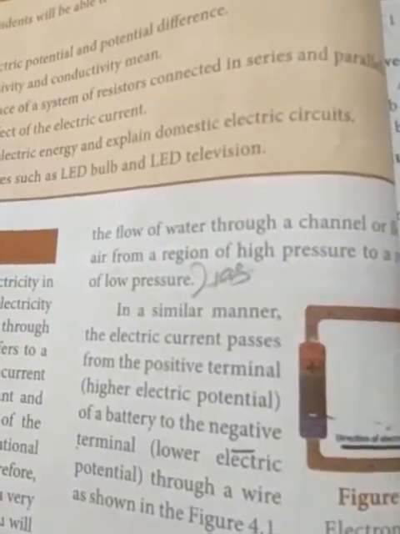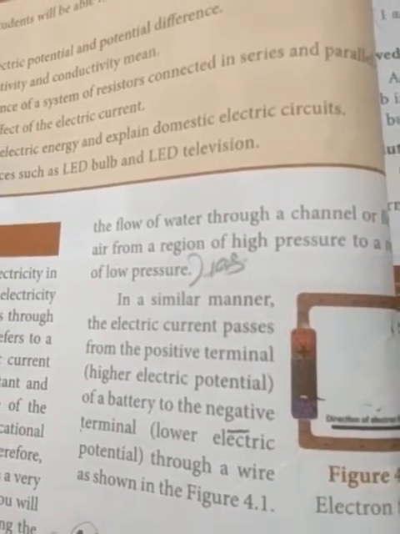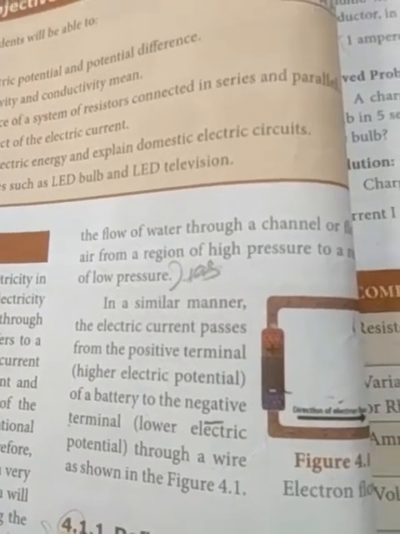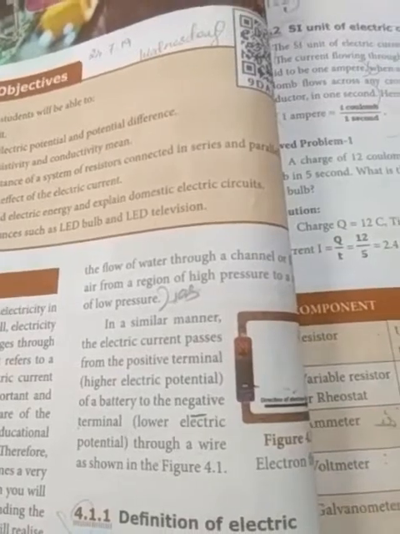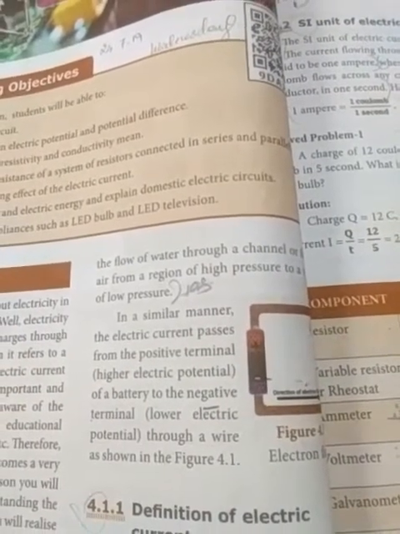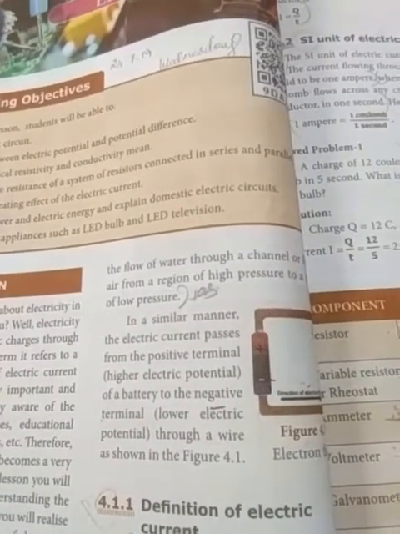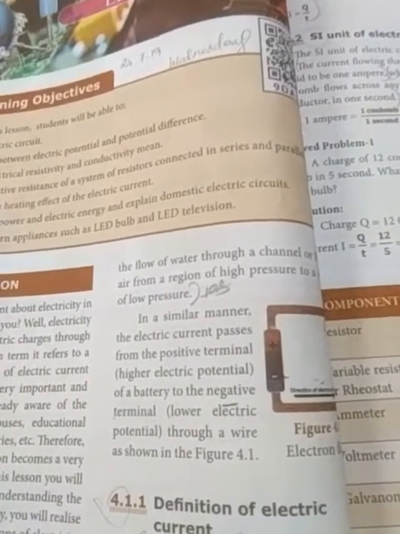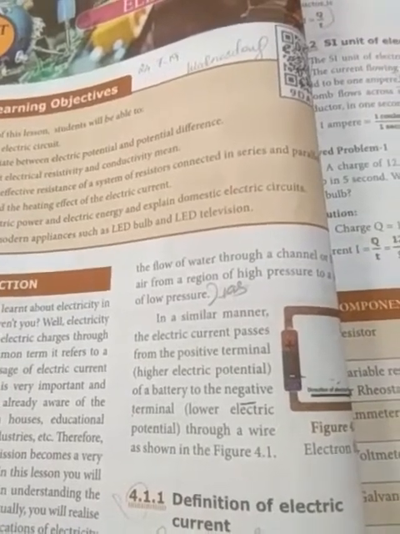Okay, so in a similar manner, the electric current passes from the positive terminal of the battery to the negative terminal through a wire. So what this means is, the wire is connected, and the current first passes from the positive terminal of the battery to the negative terminal.